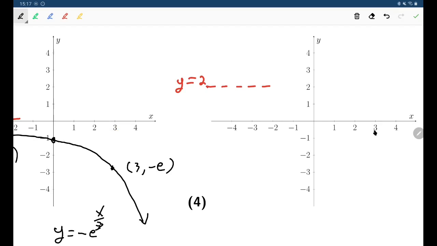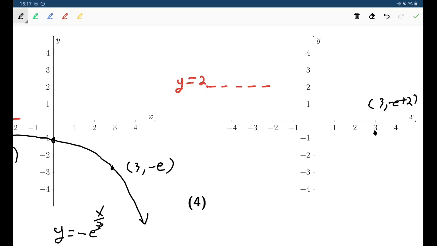And I'll label it as 3 comma negative e plus 2, because that's exactly what it is. We took the y coordinate of negative e, and then we added 2 to it. So the new y coordinate is negative e plus 2. That would be the exact way to label it. If you run this through your calculator, that's negative 0.7 approximately. But again, we're not labeling things with approximate values. We're labeling things with exact values.